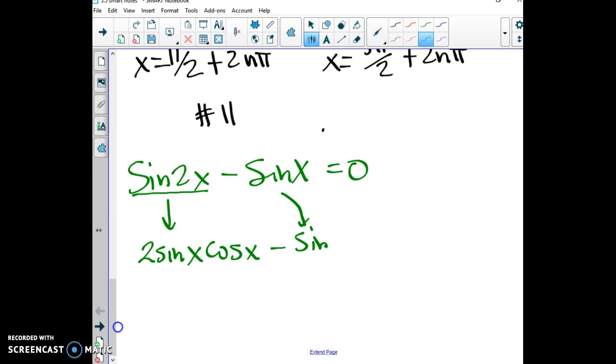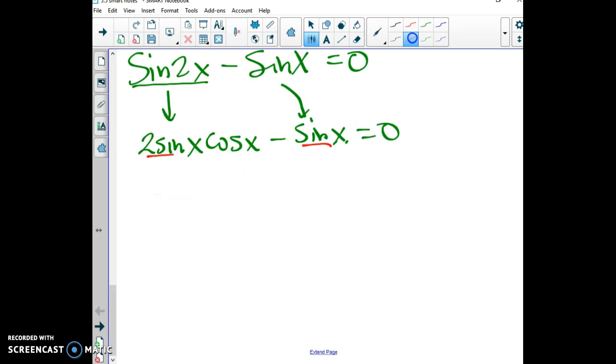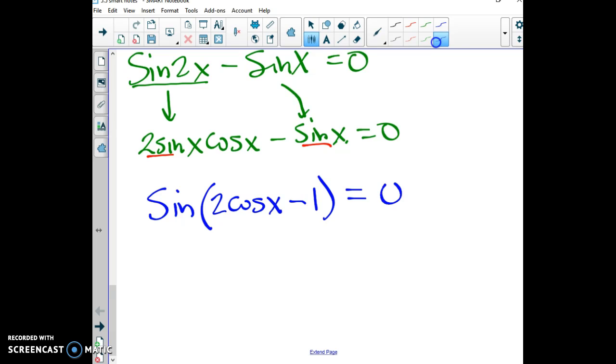Sine of x, that's just a regular angle, and this time we can see each term has a factor of just sine x, so we're going to factor that out. The 2 stays this time, so we're going to factor out sine x, and we're left with 2 cosine x minus 1. Again, we're going to take each of those and set them equal to 0.